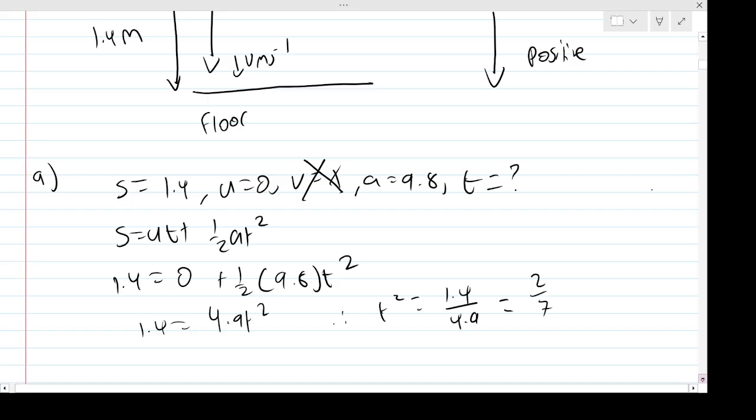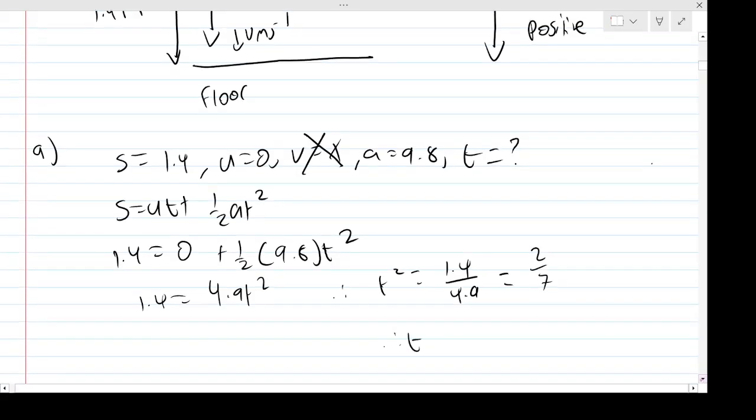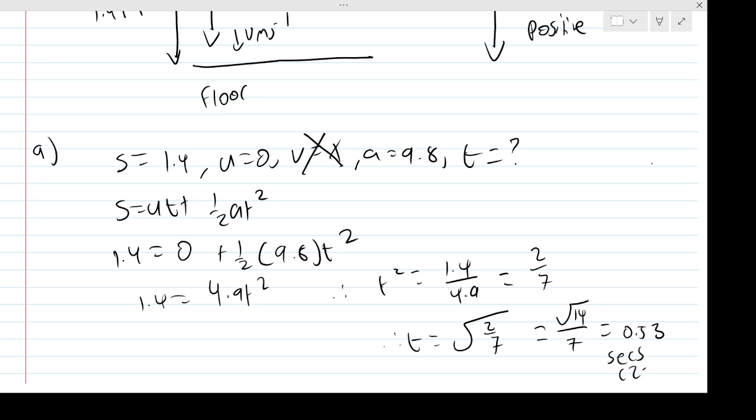So t, if we root that, is root 2 over 7, which simplifies to root 14 over 7, and as a decimal that goes to 0.53 seconds to 2 decimal places.